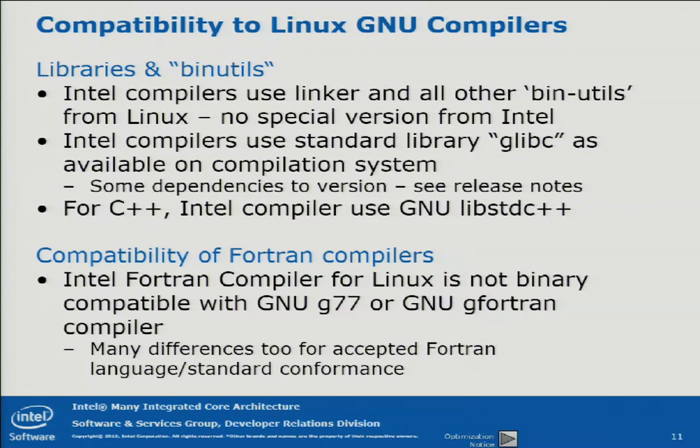So the usual Linux binutils, as well as the runtime library of C. Fortran, unfortunately, we are completely incompatible to gfortran. So for Fortran codes, you need to decide either compile everything with our compiler or compile everything with gfortran. In the C world, you can at least decide to compile some stuff with GCC, some other stuff with other compilers, and then mix and match everything together in a single executable.